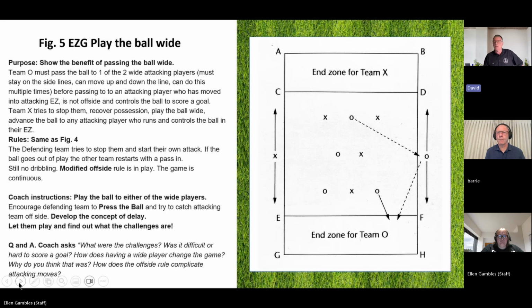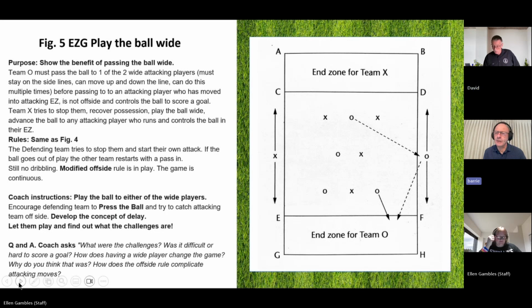Now, one of the benefits is if we move the ball wide, then the defenders will shuttle across. And this will leave space where they've come from. So the attacking players will have more space, and if they can see the move, they can run onto it. Right. So it opens up the middle by getting it to pass wide.